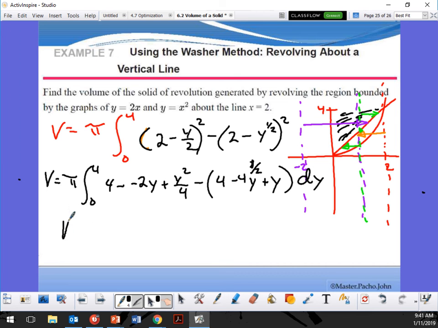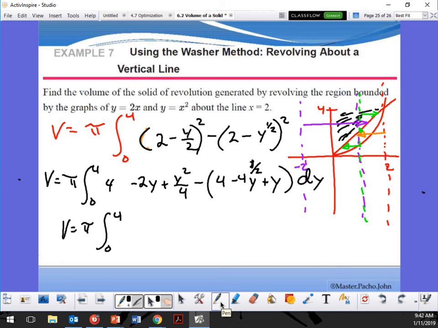So clean it up. Plus 4 minus 4, that goes away. Why do I have this right here? Did you put it twice? Oh, I did. I'm sorry.